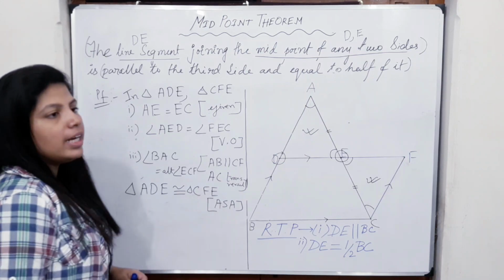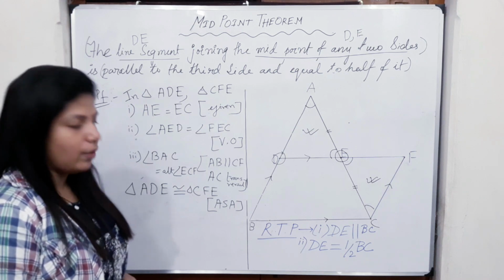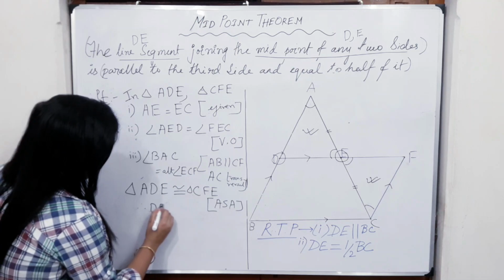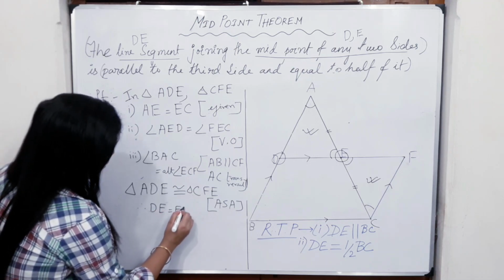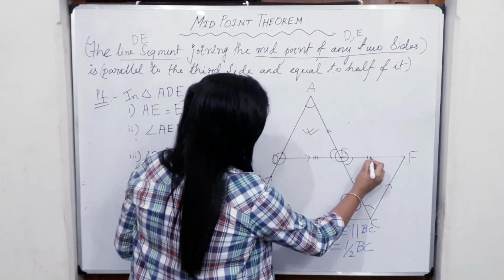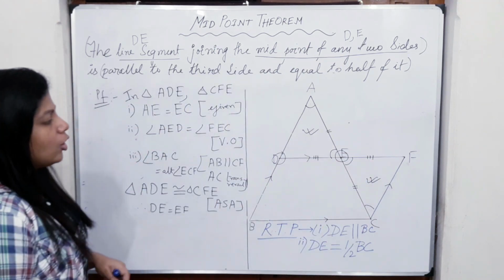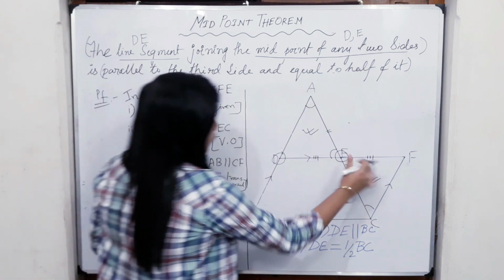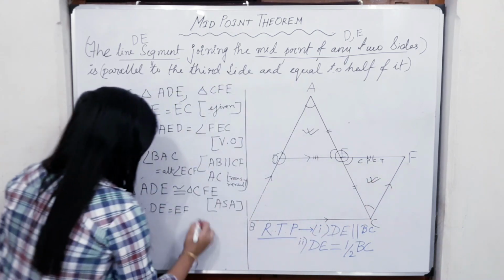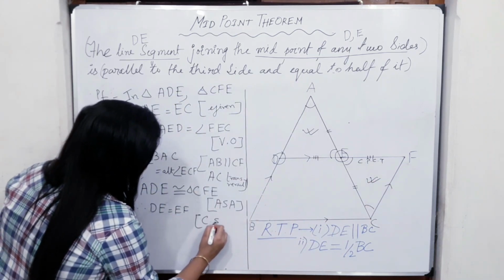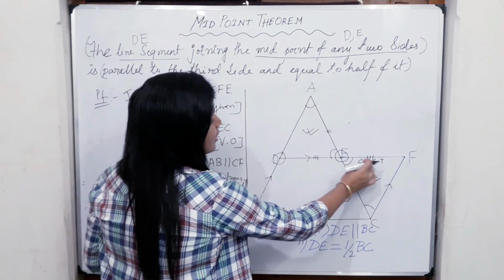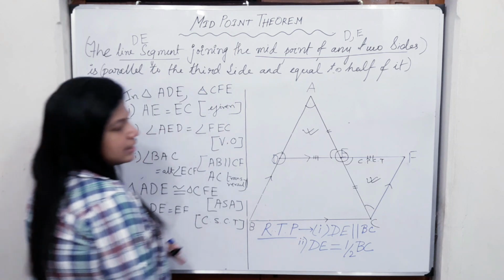We know that corresponding parts of congruent triangles are equal. So we can say, therefore, DE equals EF, this one equals this one. Why? By CPCT. I will write here corresponding sides of congruent triangles are equal; here P means parts.